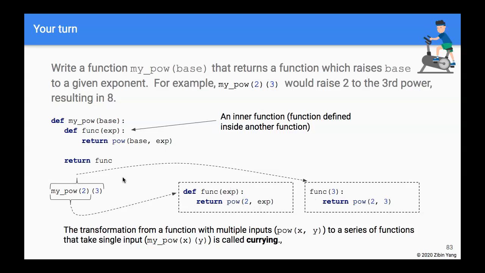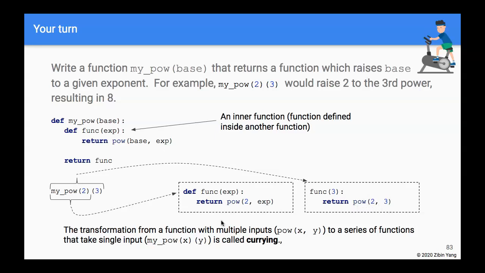So basically, this whole thing is calling the function func with the number 3, which then returns power of 2, right? The 2 comes from here, and exp is 3, so 2 raised to the third power, and that's how we get 8 at the end.